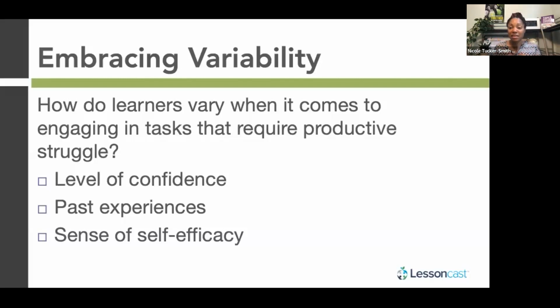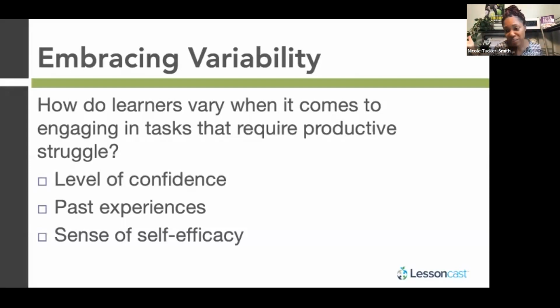Self-efficacy is my belief that if I put in the work and effort, it will make a difference and help me achieve learning goals. If I don't think that my effort is actually even going to make a difference, then I'm less likely to even try. Because why bother if putting in the effort's not actually going to result in a different outcome or a positive outcome for me? So those are some ways in which learners may vary with respect to productive struggle.